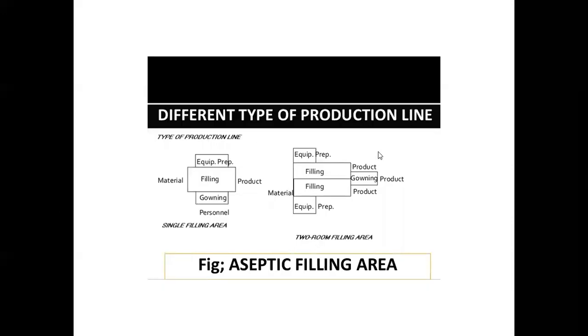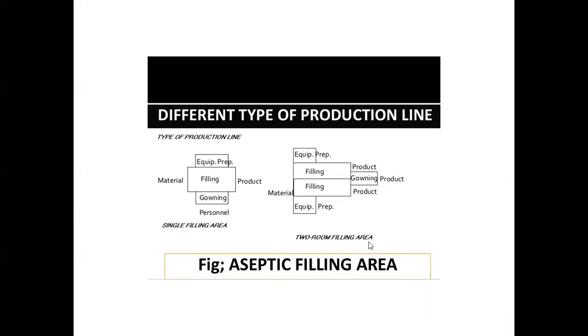Different types of production line. Here material is there, then the filling area is provided, personnel entry, then the gowning procedure should be followed. Then the equipment is clean and sterile, and then fill, and finally we get the product. This is a single filling area.